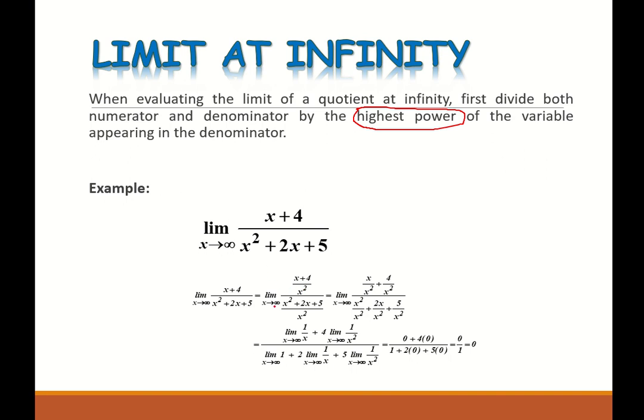Of course, you still have to write the limit as x approaches infinity. Then you do the same for the denominator, divide by x squared also. So simplifying, we have the limit. You have to divide each term, and still write the word limit.